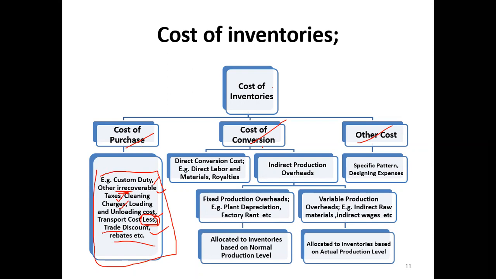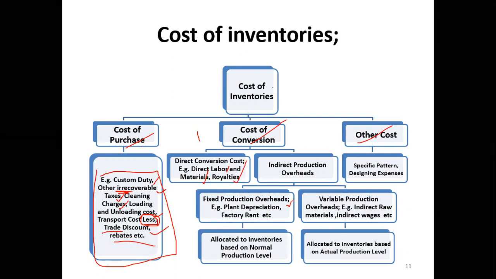When you look at cost of conversion, so raw material to finished goods: direct conversion cost equals direct labor cost, material cost, and royalties. Indirect production overhead also includes fixed production overhead and variable production overhead. Fixed production overhead includes plant depreciation, factory rent.